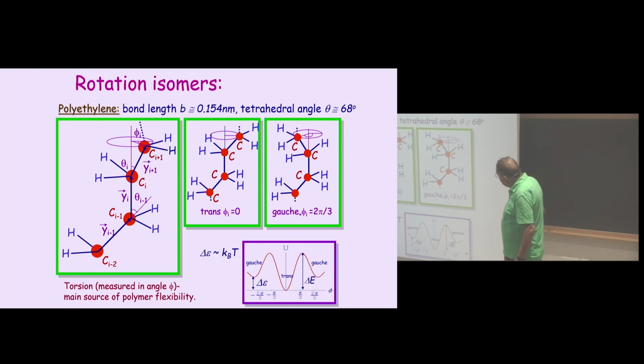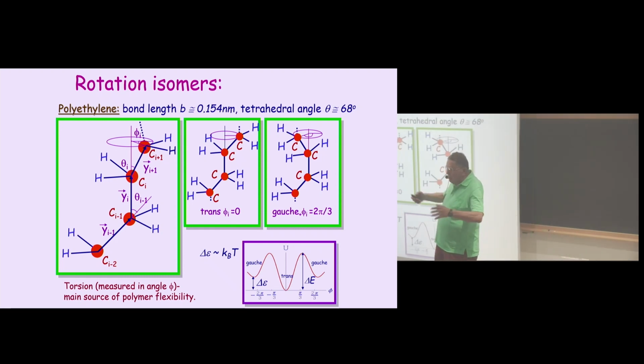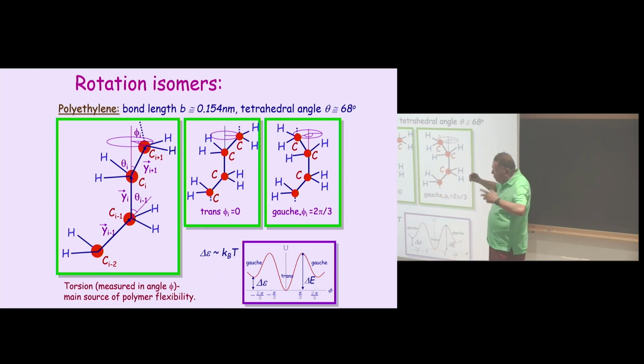So this is a little more detail, and I will probably even skip this slide. It is a little more detail about how rotation around these single bonds happens. The only thing that I will tell you is that there is a whole machinery to describe these rotational isomers, how to describe all geometrical properties.